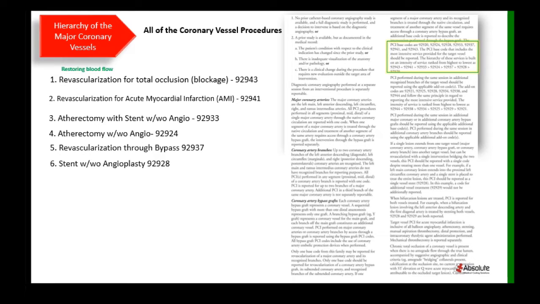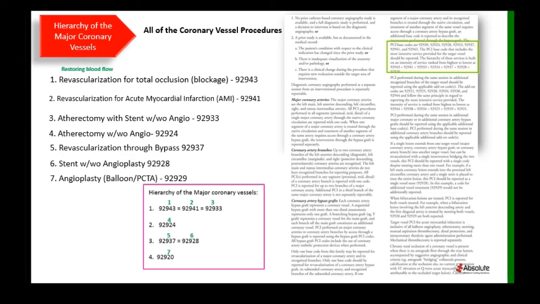The sixth is a stent, stent with or without angioplasty, 92928. And finally, number 7, angioplasty, 92929. And also, angioplasty is referred to as balloon angioplasty or PTCA. And these are your 7, and this is the hierarchy of the procedures.